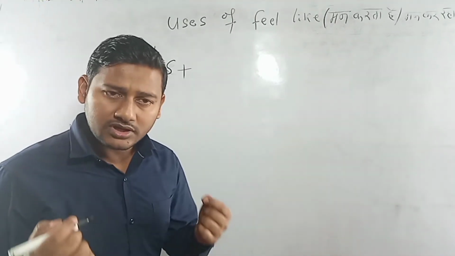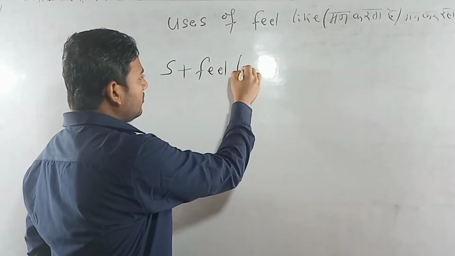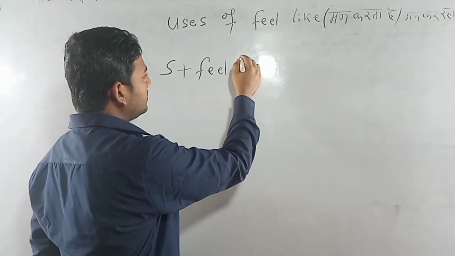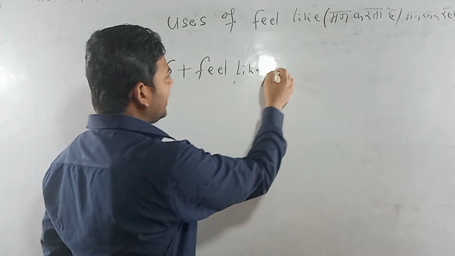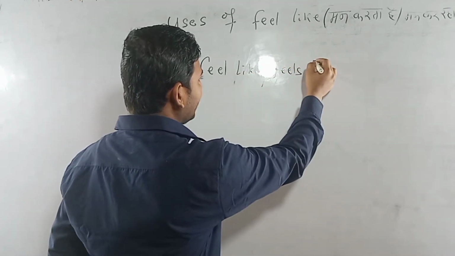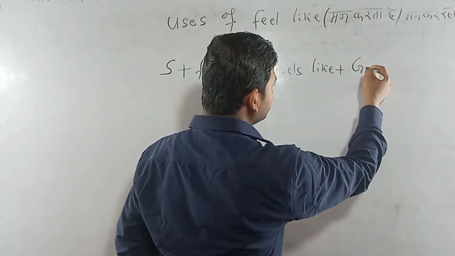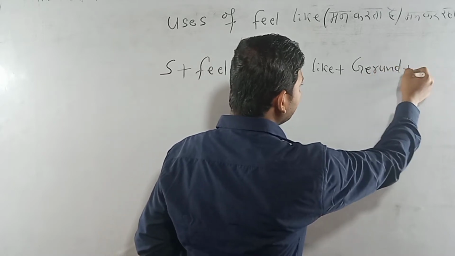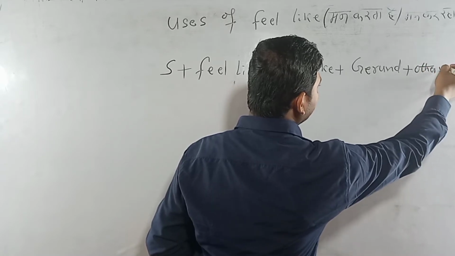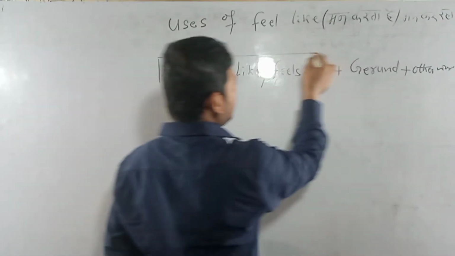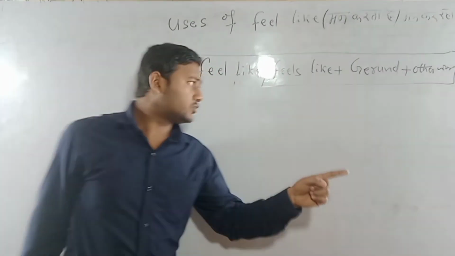We have to take firstly subject, then after we take feel like, feels like. Then gerund, then we have to adding here gerund and other word, है ना? Other word या something. This is our structure and we can make many spoken sentence according to this structure.